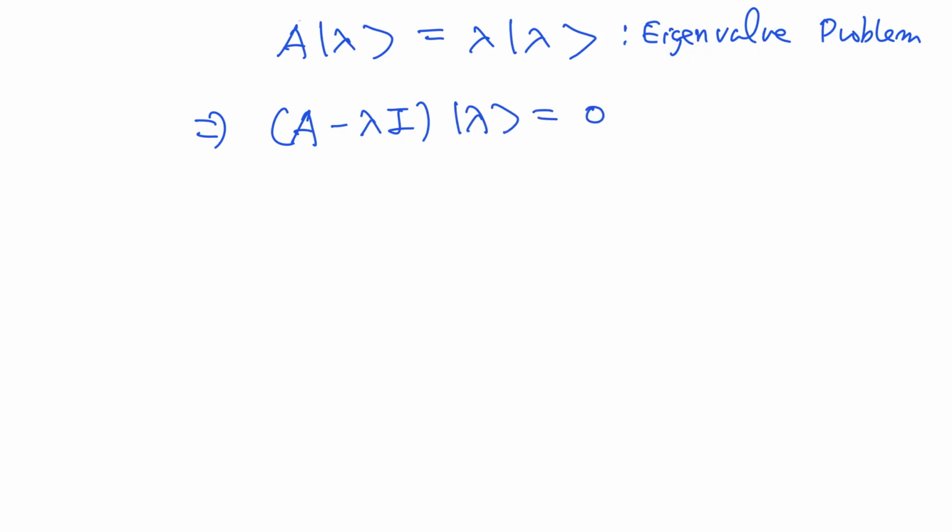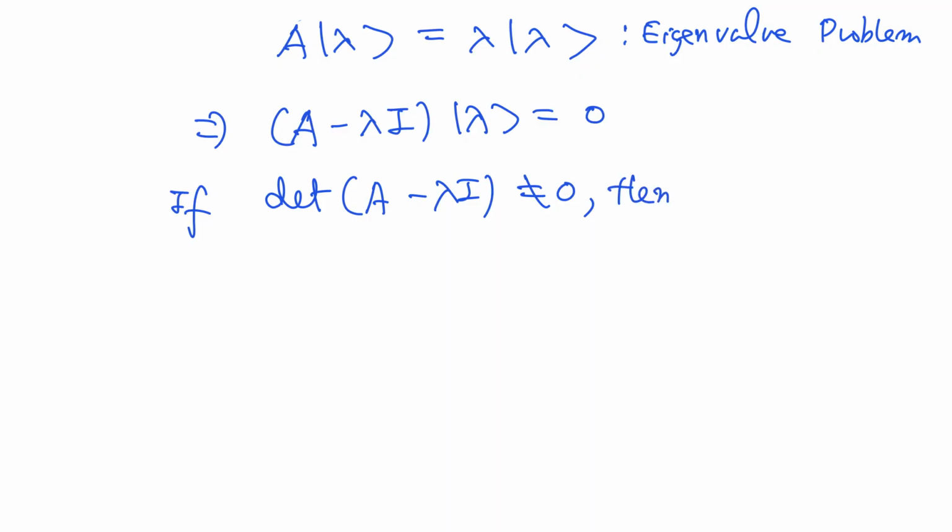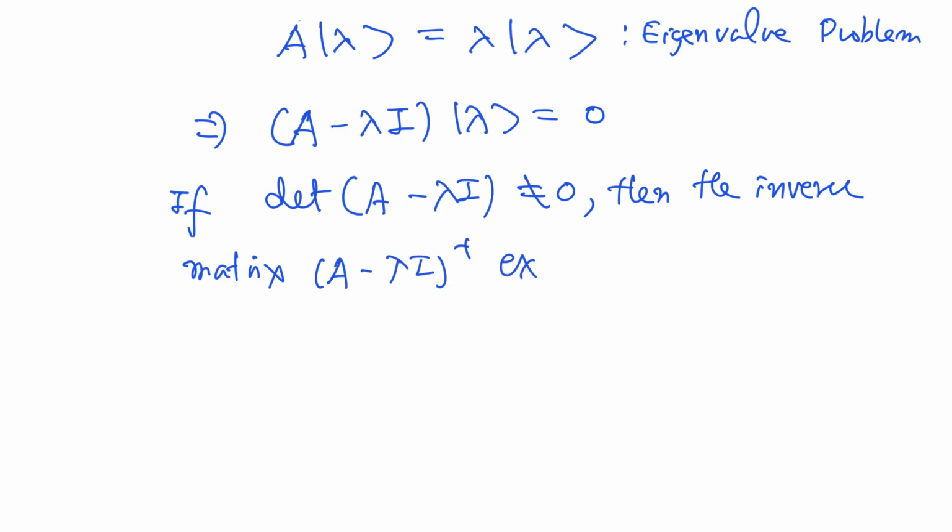So if the determinant of A − λI is non-zero, then the inverse matrix (A − λI)⁻¹ exists.